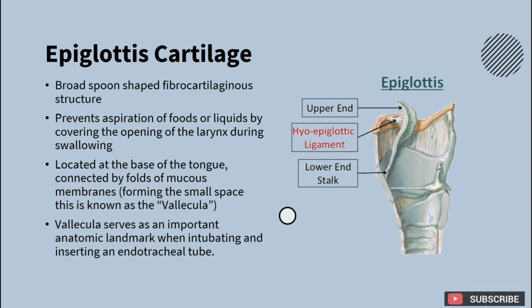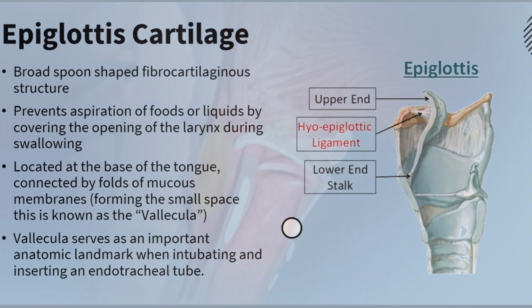The vallecula, as I said earlier in the video, is an important anatomic landmark when you're intubating and inserting the endotracheal tube. In the next slide, you're going to see how the epiglottis cartilage actually works and functions to protect our airway.